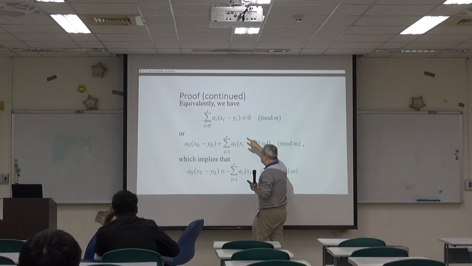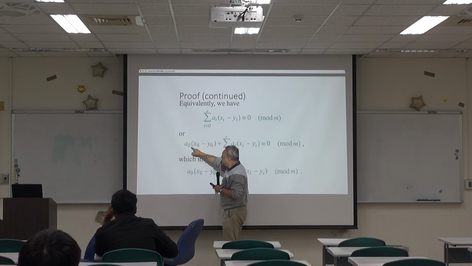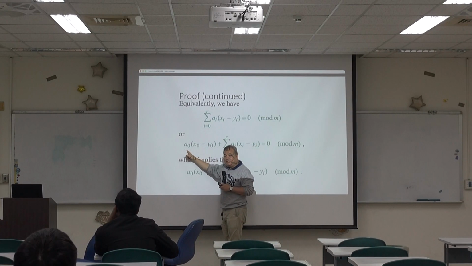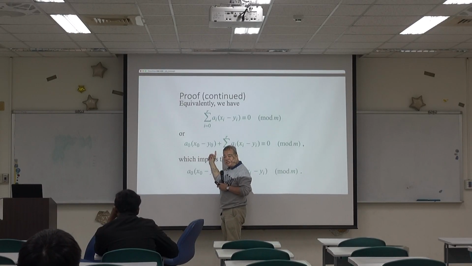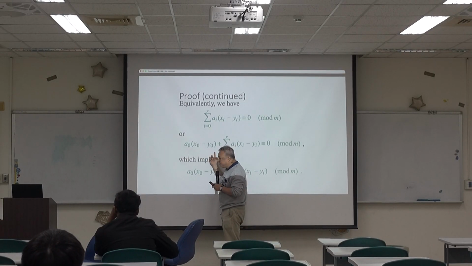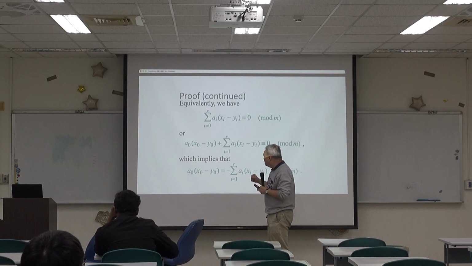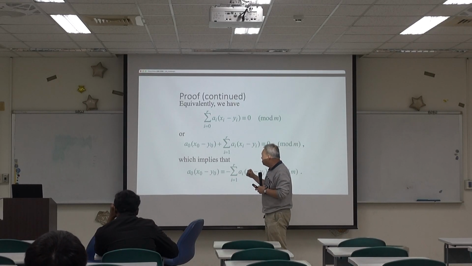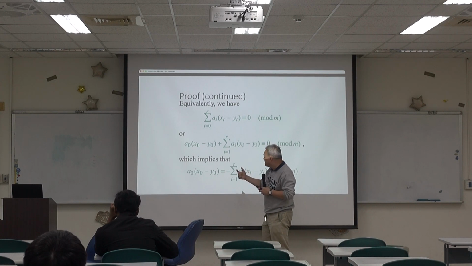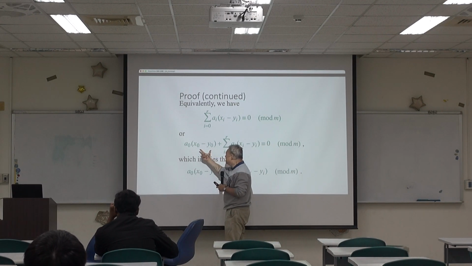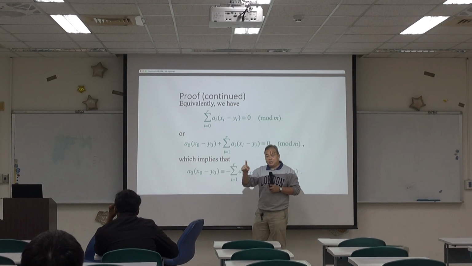And then because the first digit is different, we know this term must not be 0. The x_0 minus y_0 must not be 0.